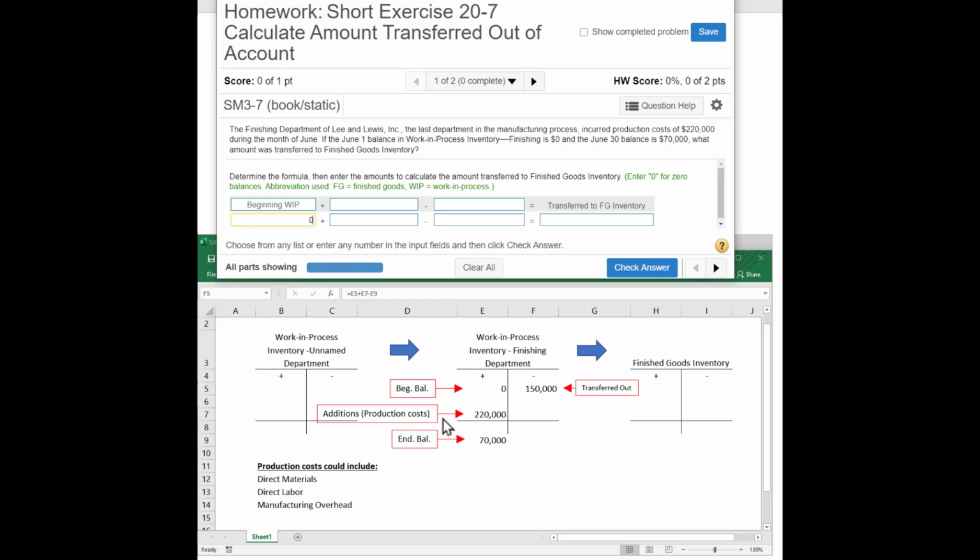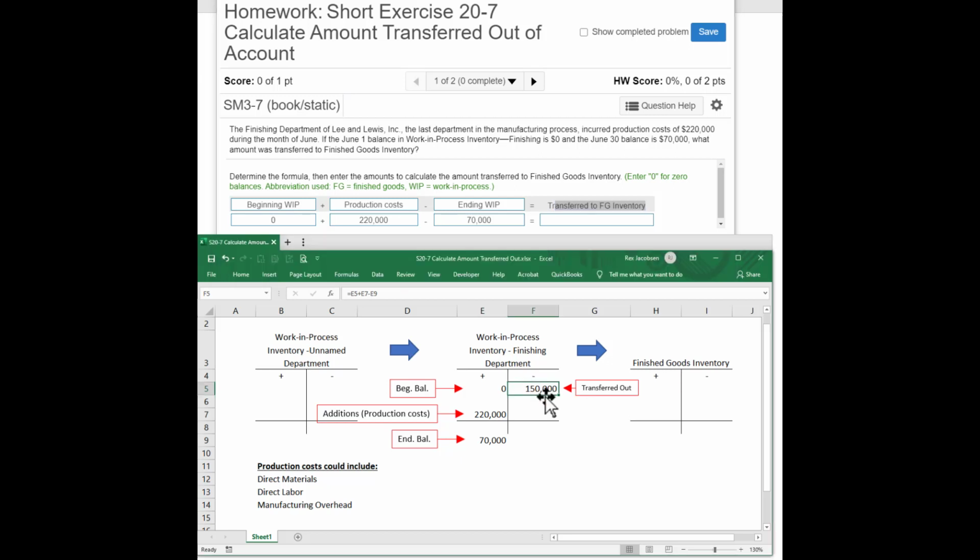You add your additions, also called production costs, which could be direct materials and or direct labor and or manufacturing overhead, which is 220. And then you subtract your ending work in process of 70, which gives you the amount transferred to finished goods inventory, which would be this 150,000.